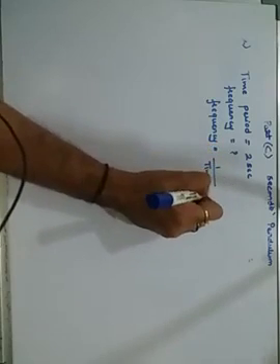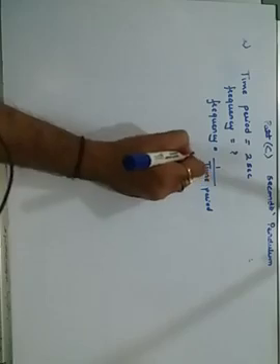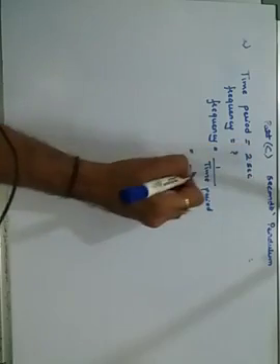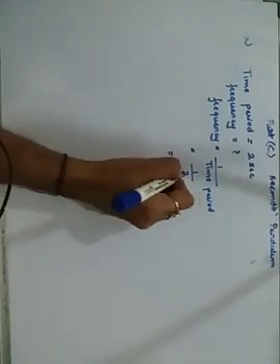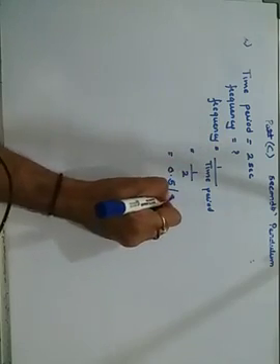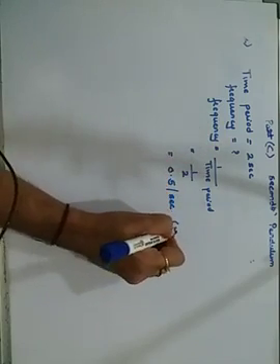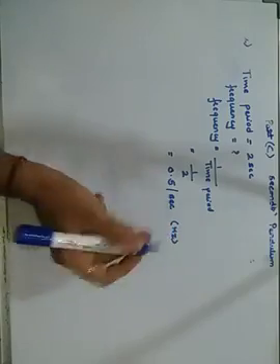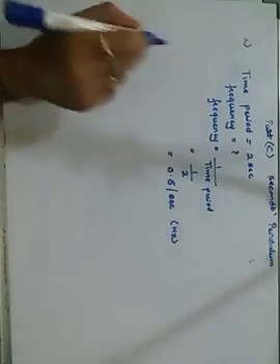The time period given is 2, so 1 upon 2 is 0.5. Frequency is given as per second or hertz, anything is okay. So this is your frequency.